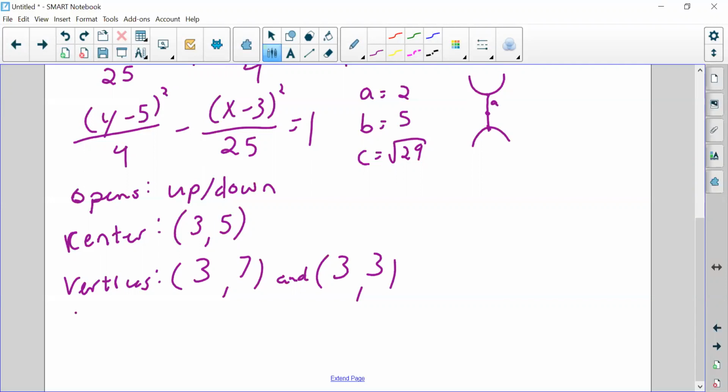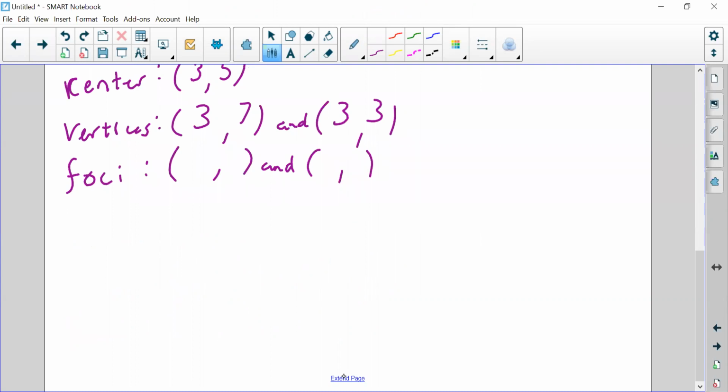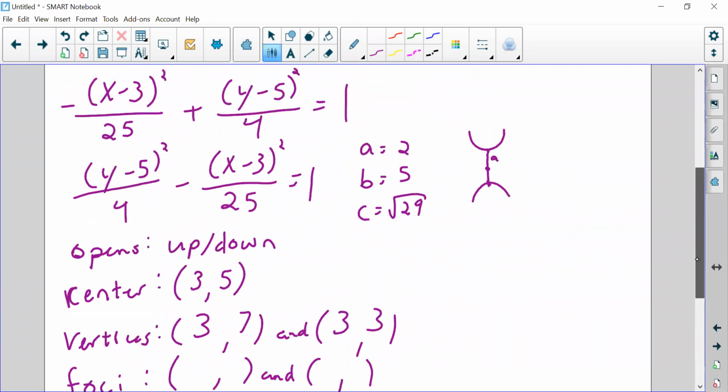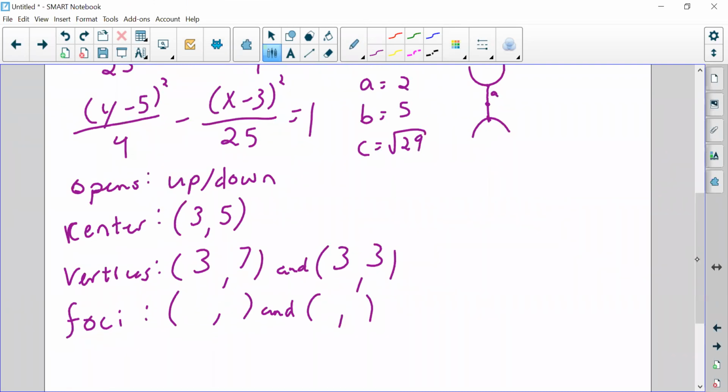Okay, foci. What would be my equation of my focus? Let me give myself a little bit more room right here.